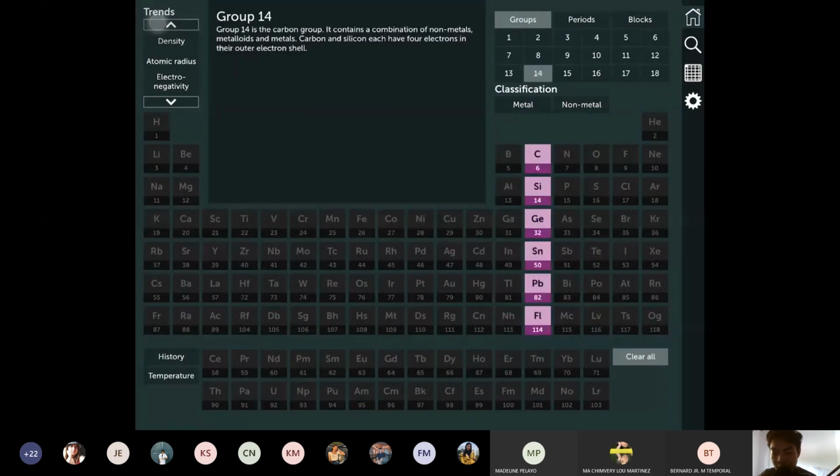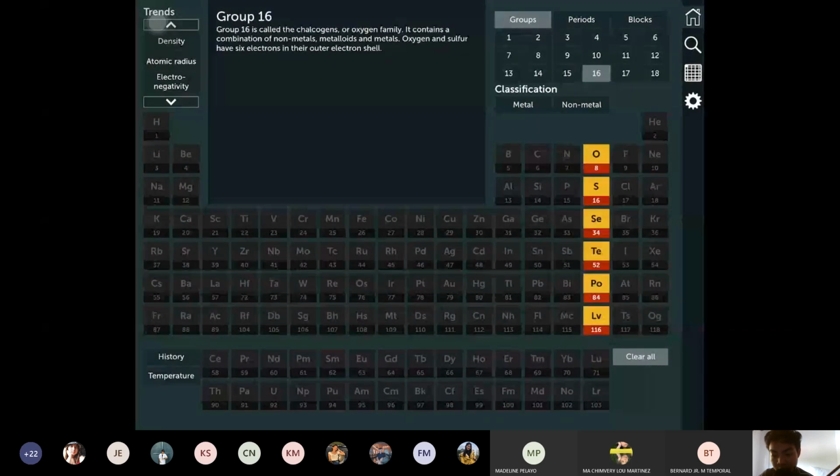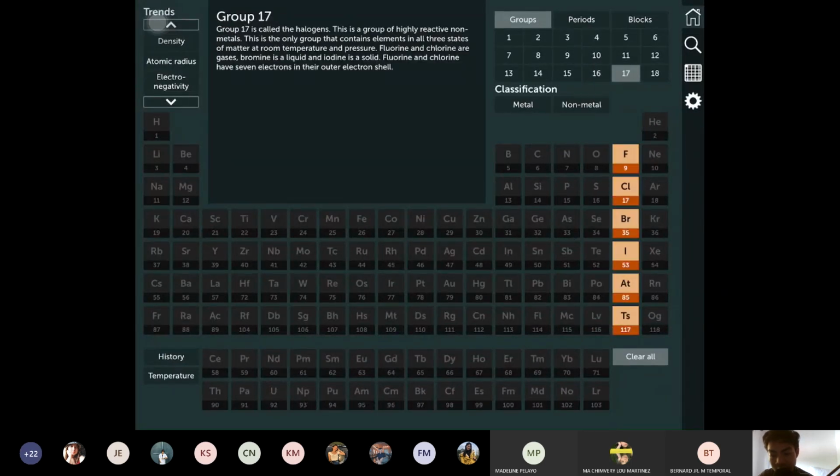Group 4A, the carbon family, has 4 valence electrons. Group 5, or the nitrogen family, has 5 valence electrons. This is 6, the oxygen. What we did earlier, we saw that it has 6 valence electrons. So the oxygen family contains 6 valence electrons.